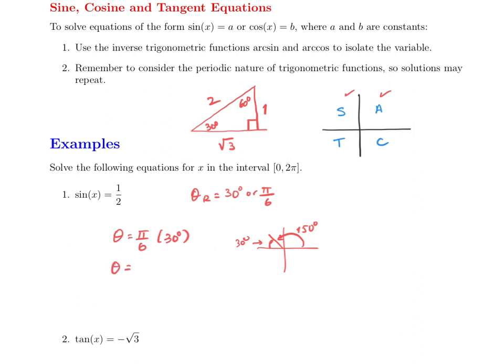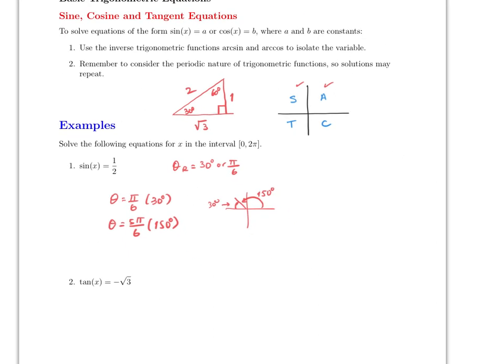So therefore the second answer is going to be 5 pi over 6, which is 150 degrees. So as you can see, this is stuff that we have done before, so this is not necessarily completely new.